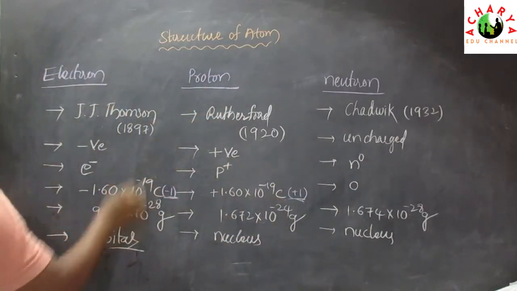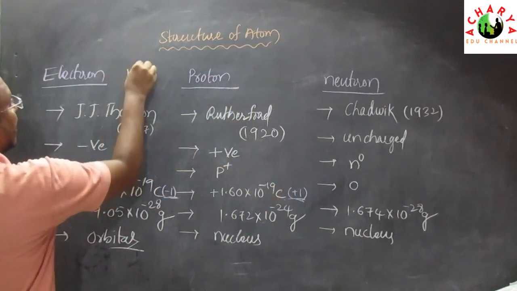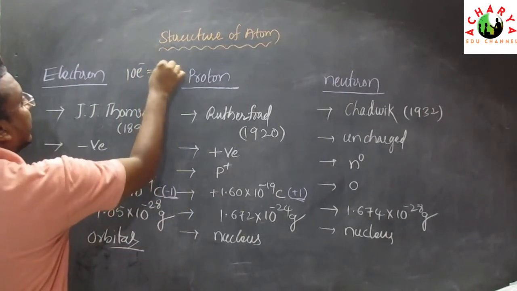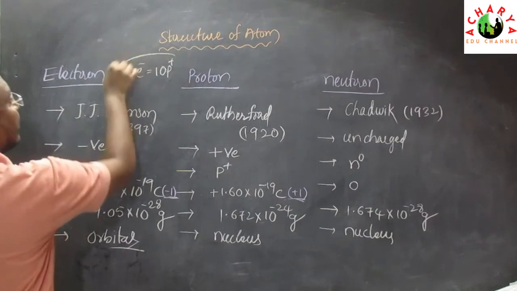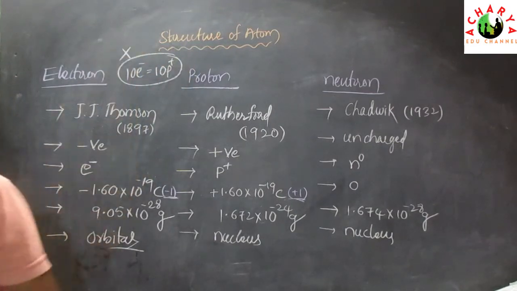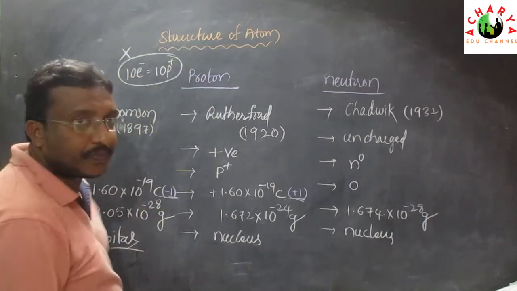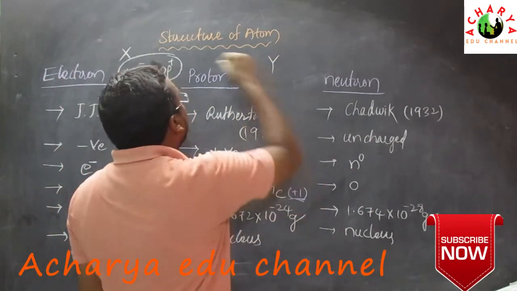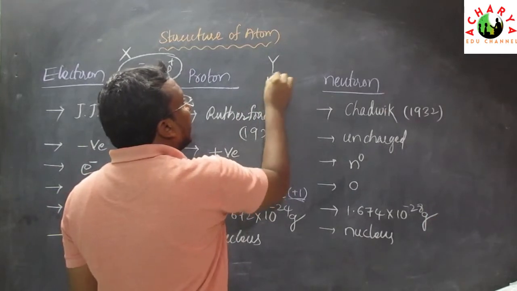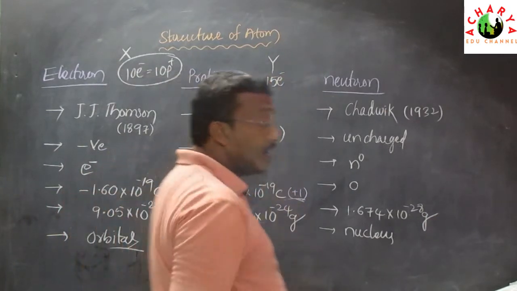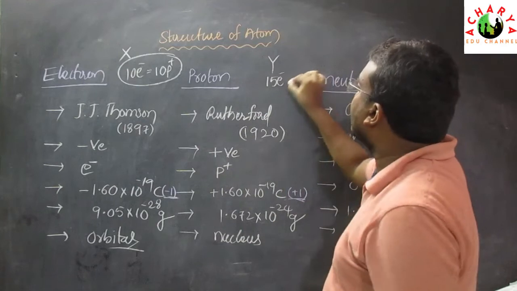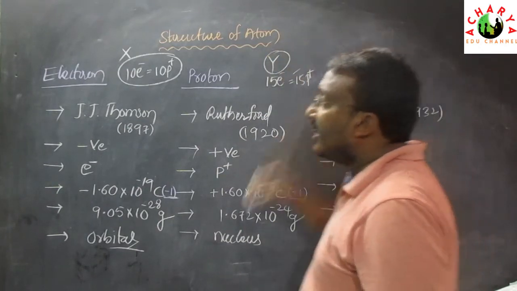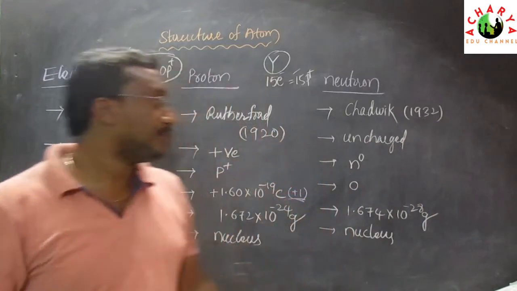For example, if atom X has 10 electrons, it should contain 10 protons, and then only it is electrically neutral. If an atom Y contains 15 electrons, it should have 15 protons, and then only atom Y is electrically neutral.